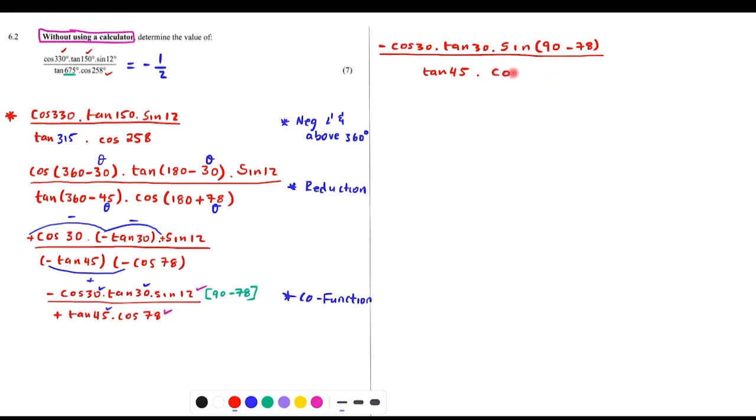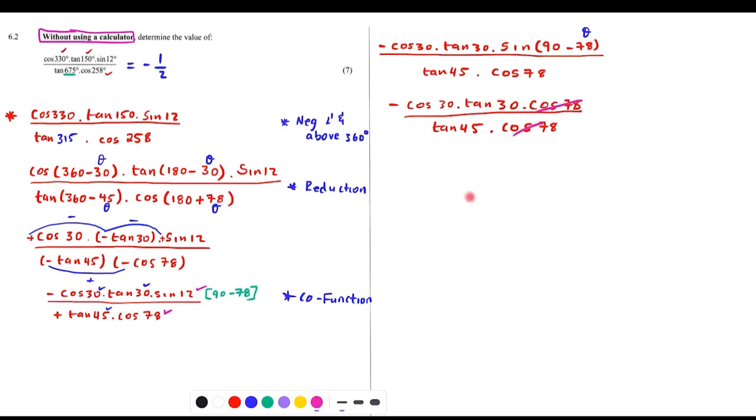Why are we keeping it? Because when we change that one it will be the same as this one, right? So this will be cos 30 times tan 30. Now 90 minus theta, we know that is a cofunction in the first quadrant, but then sine becomes cos of the angle 78, over 1045 times cos 78, and as you can see here, this cancels with that.